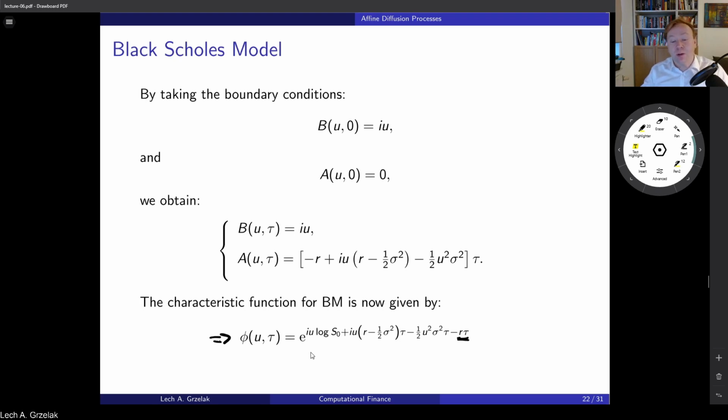In practice, however, we are not always able to find A and B analytically. There are models like, for example, Schobel-Zhu, for which A and B are not known analytically. This means that those need to be solved numerically, so for every argument you have to perform an integration.